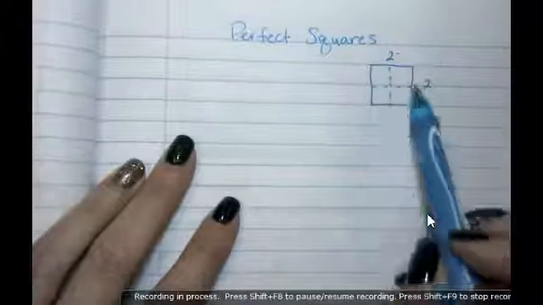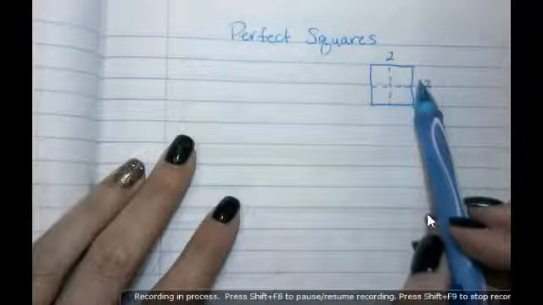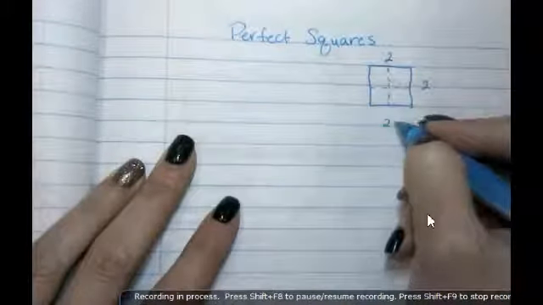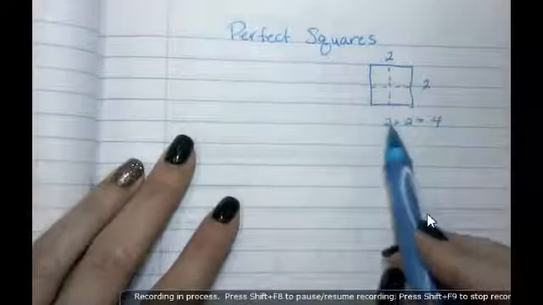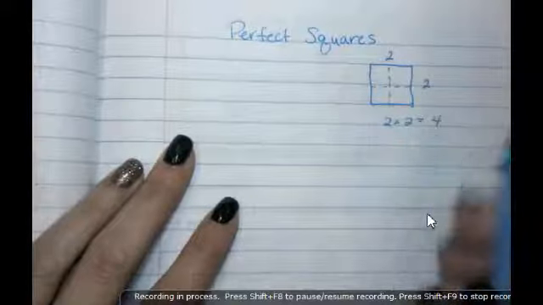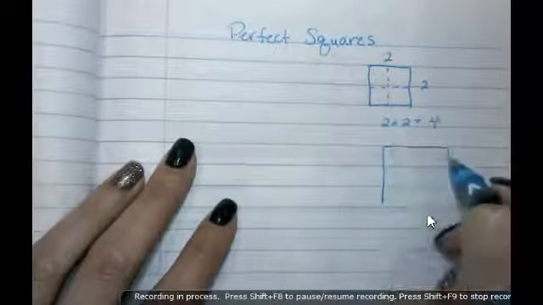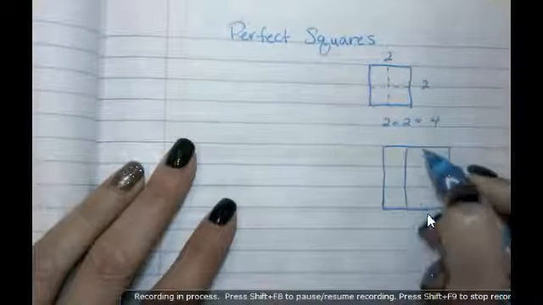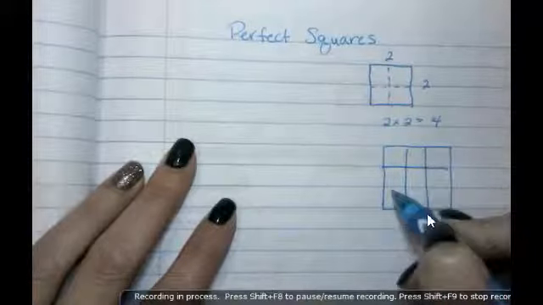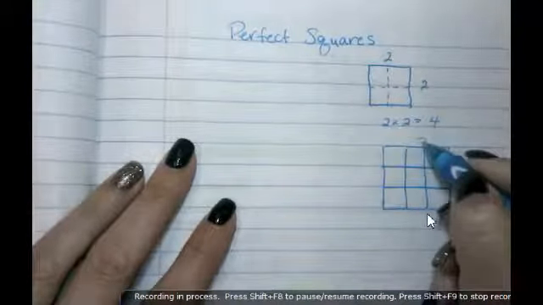If I were to find the area of this square, you can see that a 2 by 2 square has an area of 4. 2 squared is 4. If I had a 3 by 3 square, and I'm just breaking this up into smaller squares, this is a 3 by 3.